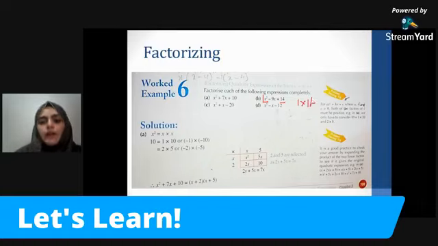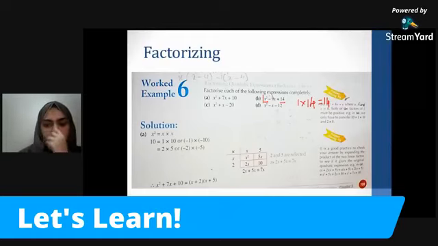Now this was my second step. So 1 times 14 is 14 again. Now I will need to look for factors of 14 that can add up to -9. I have to find those factors of 14 which, when added, give me -9.